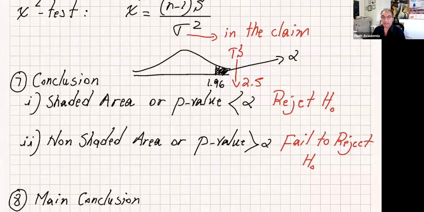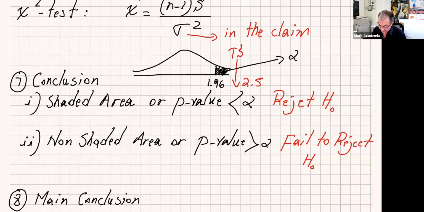Shaded area, reject H0. Non-shaded area, fail to reject H0. Just remember it, and I'll talk about those when I do more examples for you.